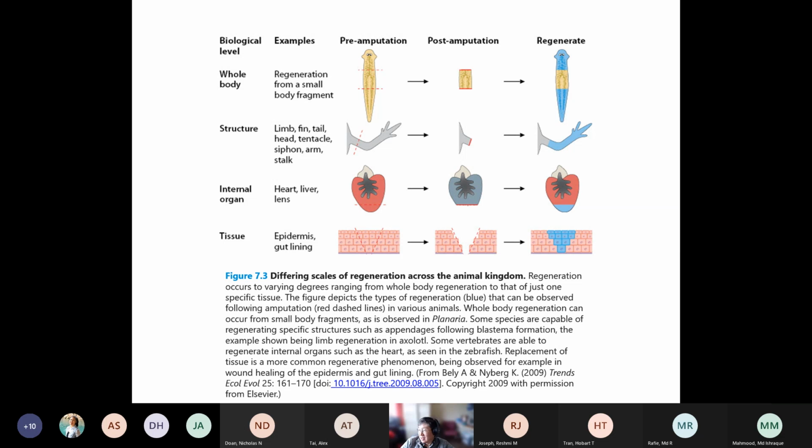Lastly, tissue regeneration occurs even in humans, like the epidermis and the gut lining, as I discussed. The intestine lining gets replaced quite frequently. You can see different levels of regeneration, and that will be the content we discuss in today's lecture.